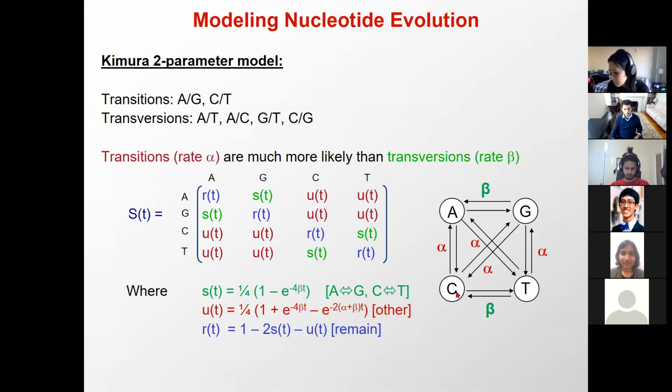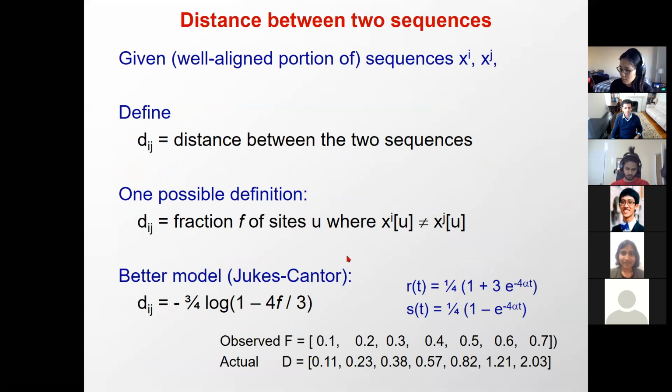So that's one model. And we can basically now ask, given this model, and given that I have observed a certain amount of substitutions, then what is the actual distance that has elapsed? So basically, given a well-aligned portion of my sequences, xi and xj, I want to define the distance between the two sequences, which is going to be some kind of additive distance, as the fraction of sites where they differ. But that's not satisfactory because I'm not counting back mutations.